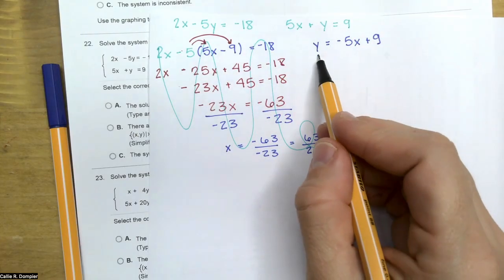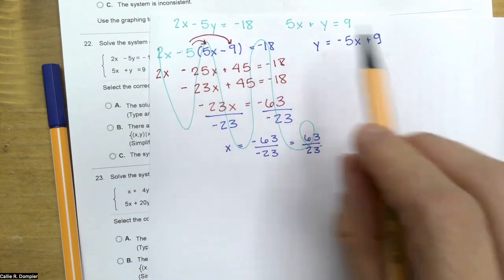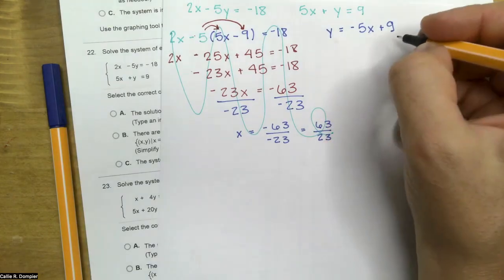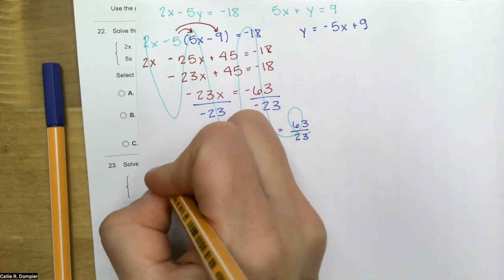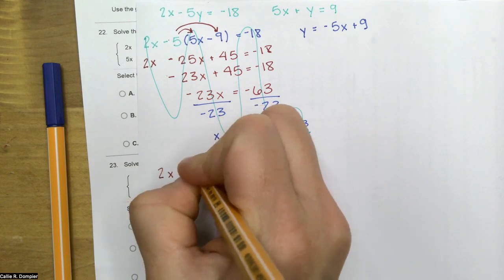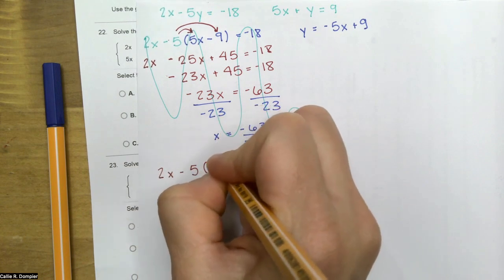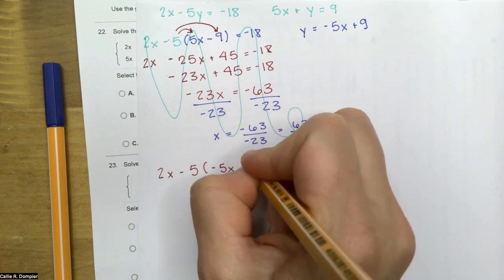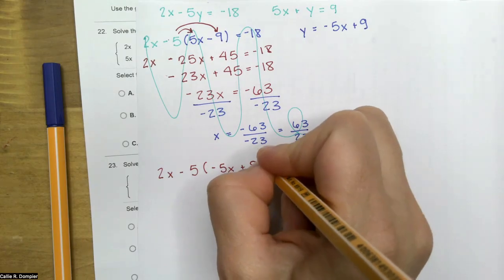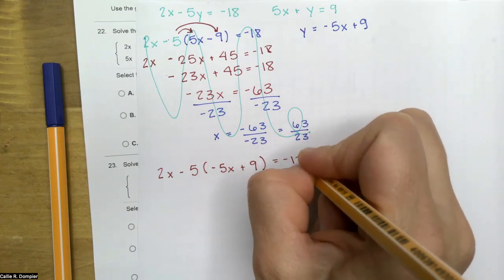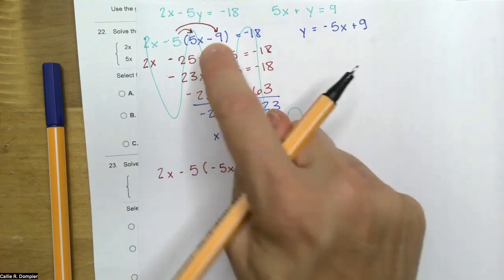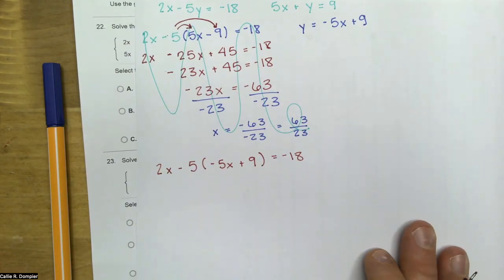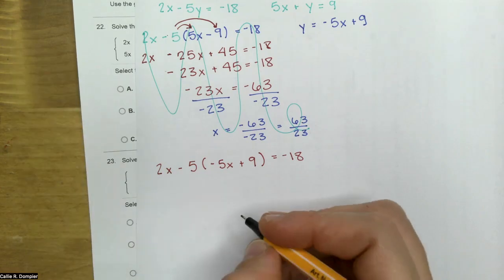I'm going to take this y and put it in next to the 5. So what I've got instead is 2x minus 5 times -5x plus 9 equals -18. That was all wrong. I put in a +5 and a -9. Sorry if you caught that before me. You probably caught that way before me.